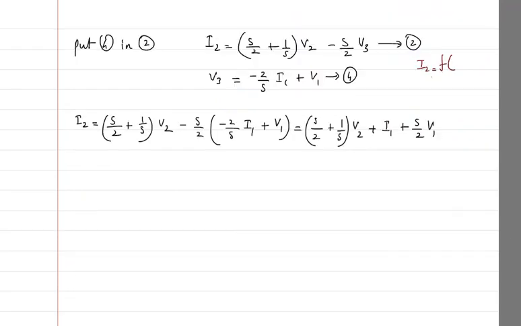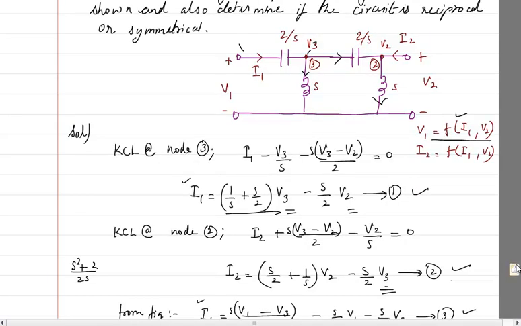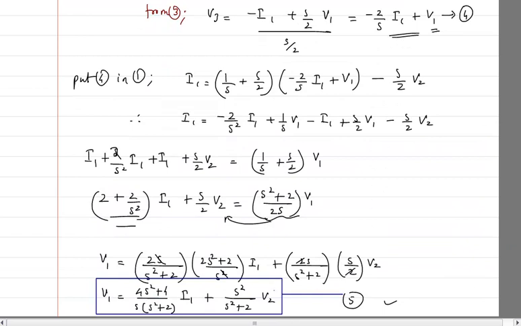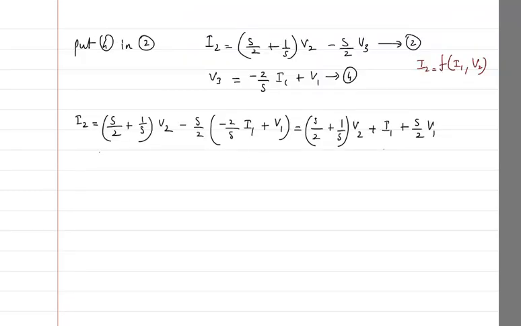So I2 I have got here, no issue. I1 also I have got here, no issue. V2 also I have got. I have to only avoid V1. V1 we have found out in equation number 5, just now. So that I will take and I will write here. You can check from your notebook because I will not go back.